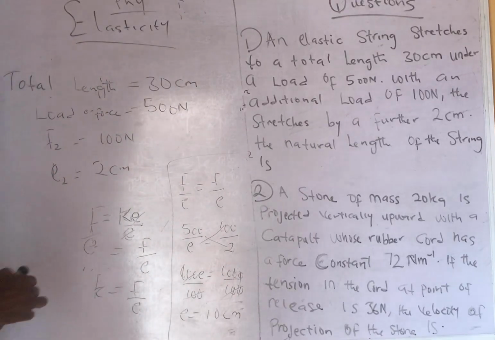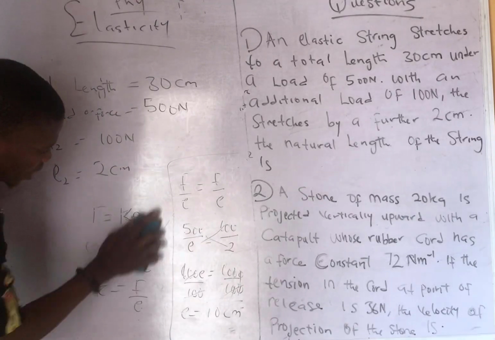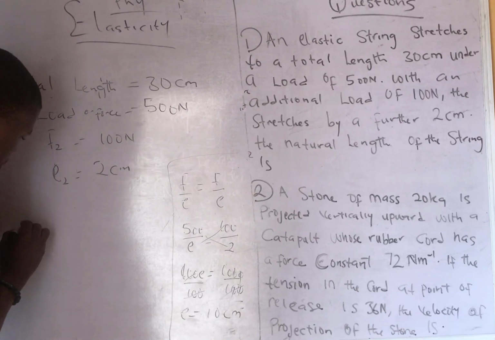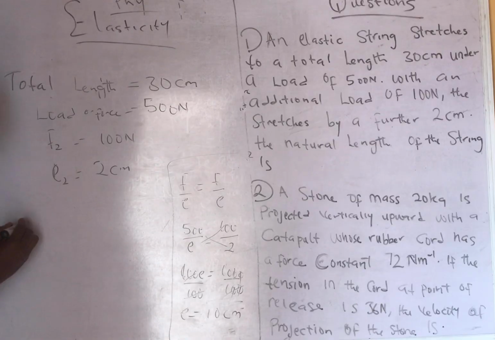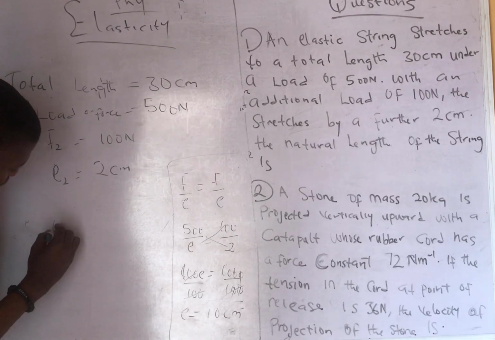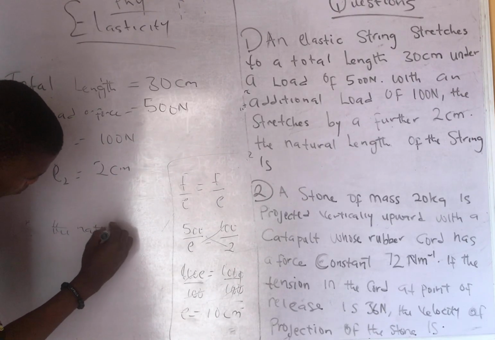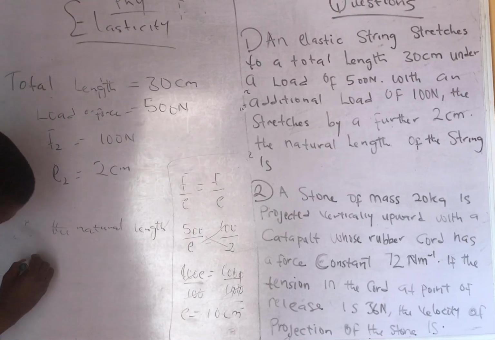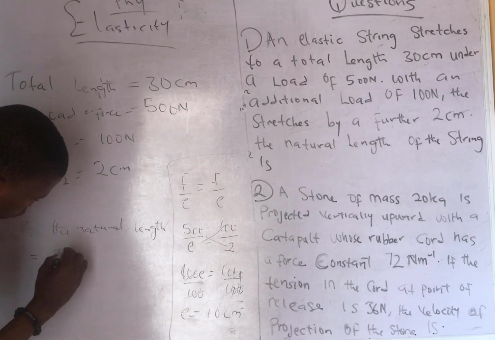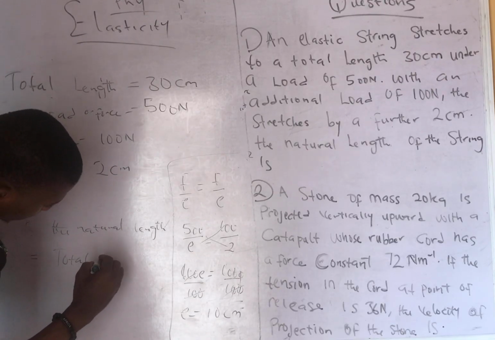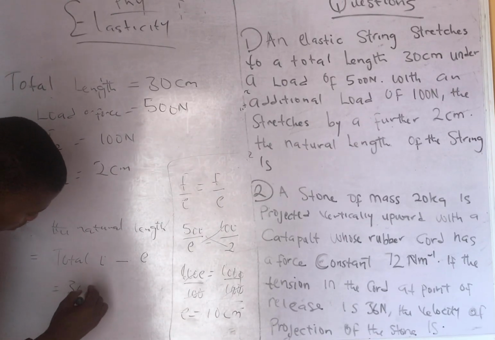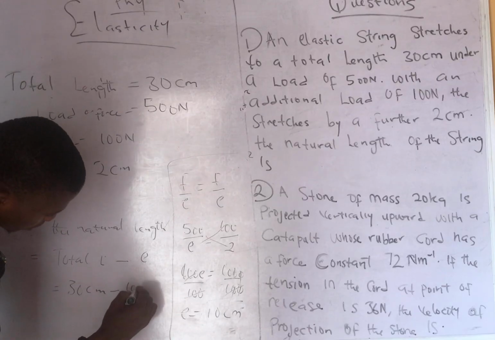Then for us to now calculate the natural length, the natural length is equal to the total length minus the extension, which is 30 centimeter minus 10 centimeter.